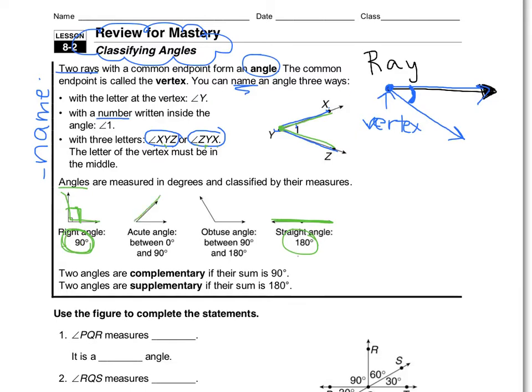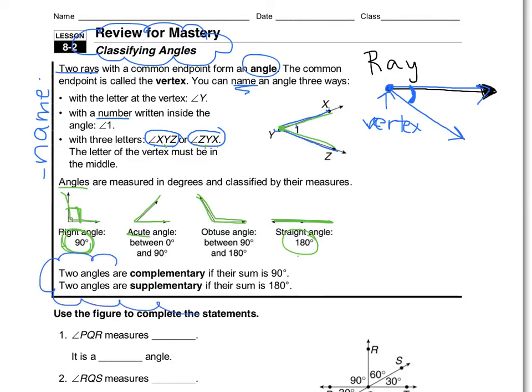And it is nice to be able to use the terminology. Acute is when you have an angle smaller than a right angle, so it is less than 90 degrees. And then anything over 90 degrees, that's when we call that obtuse. You're too big to be a right angle. Alright, we good with that?